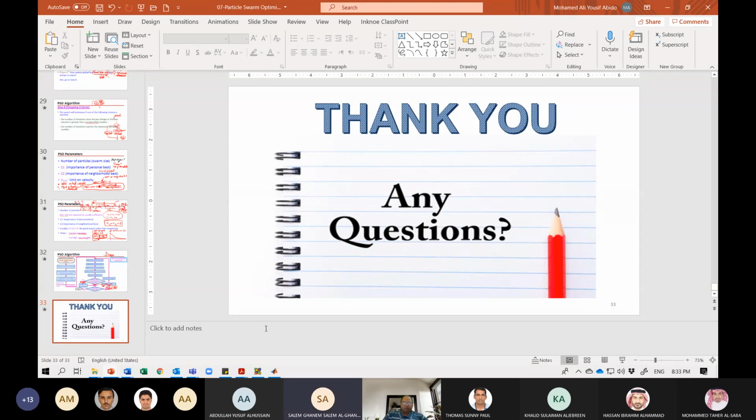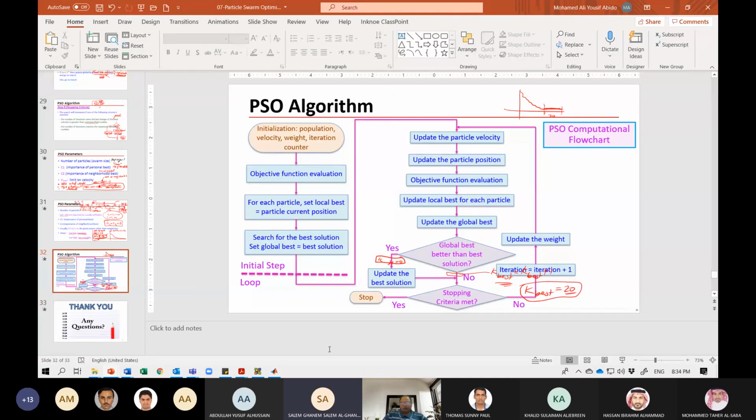Salim: Yes, Professor. For the stopping criteria, we always look at the global best in this case? Yes, of course, we are interested in the global best. This is what we are actually looking for. The outcome of the whole search is the best solution. This is the best solution at the initialization step.